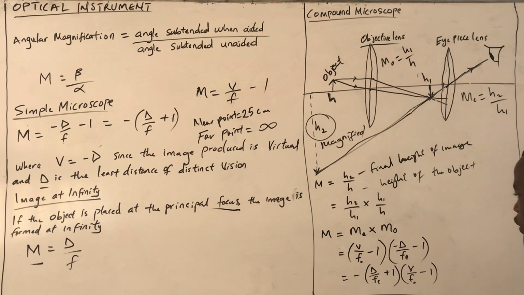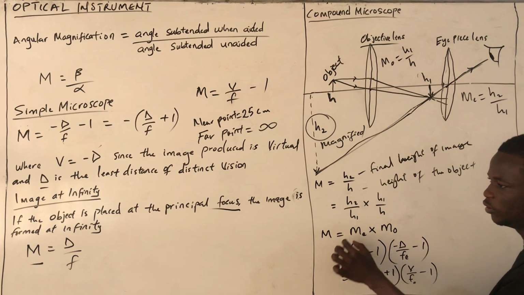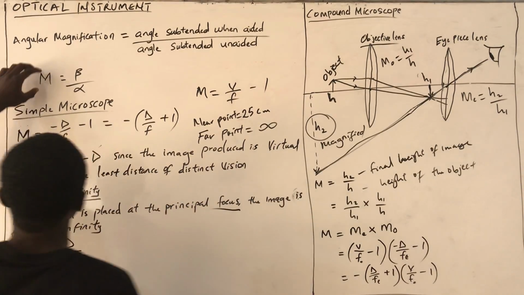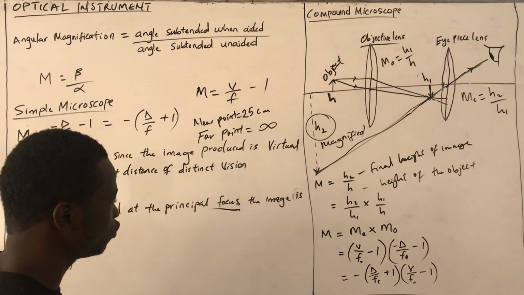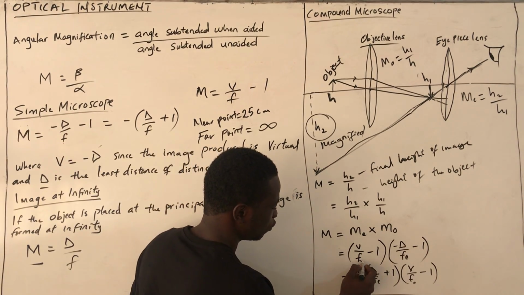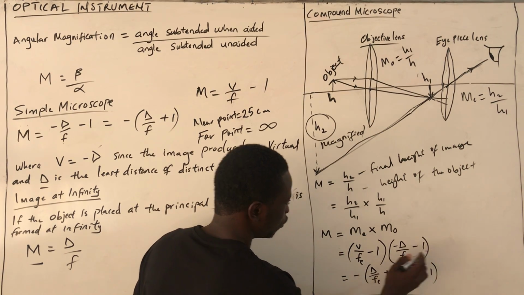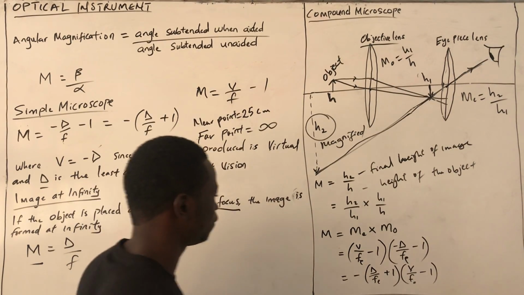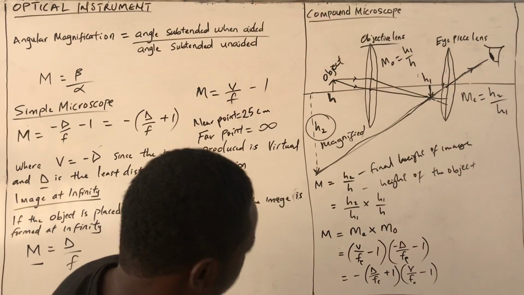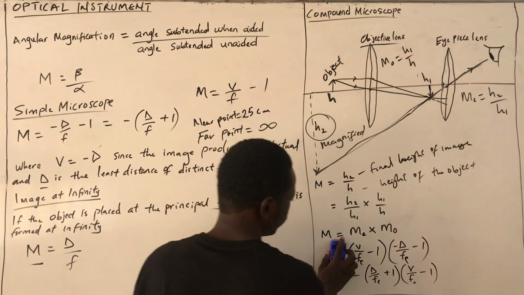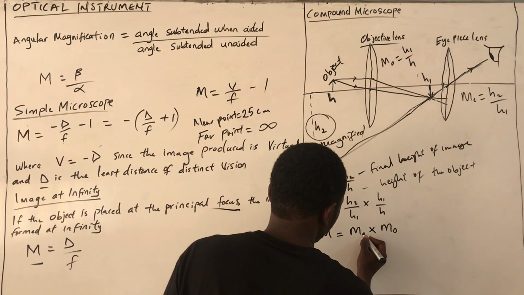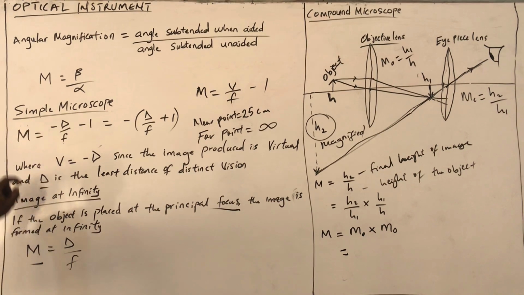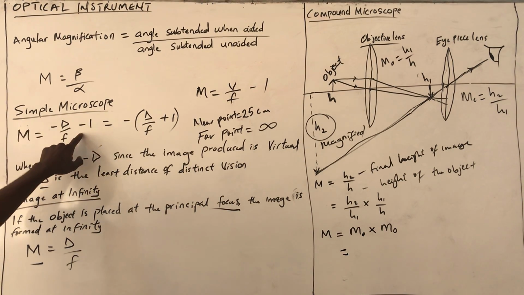Now, if we substitute from the formula we have here into this, for ME using the formula M equals minus D over F minus 1.